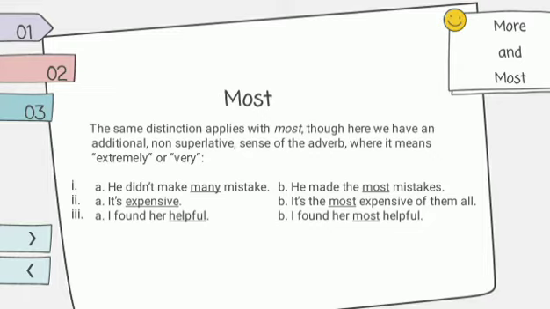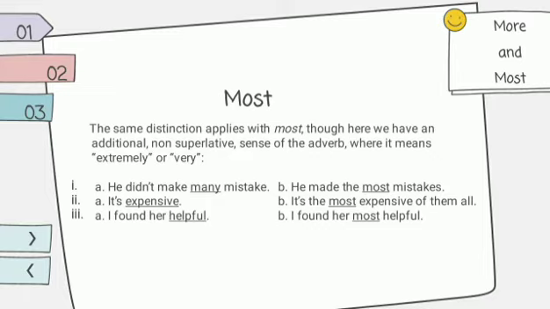Thus, here we have an additional, non-superlative sense of the adverb in the third example, where it means extremely or very. In the first example in A, there is the sentence, he didn't make many mistakes. It changes to he made the most mistakes.